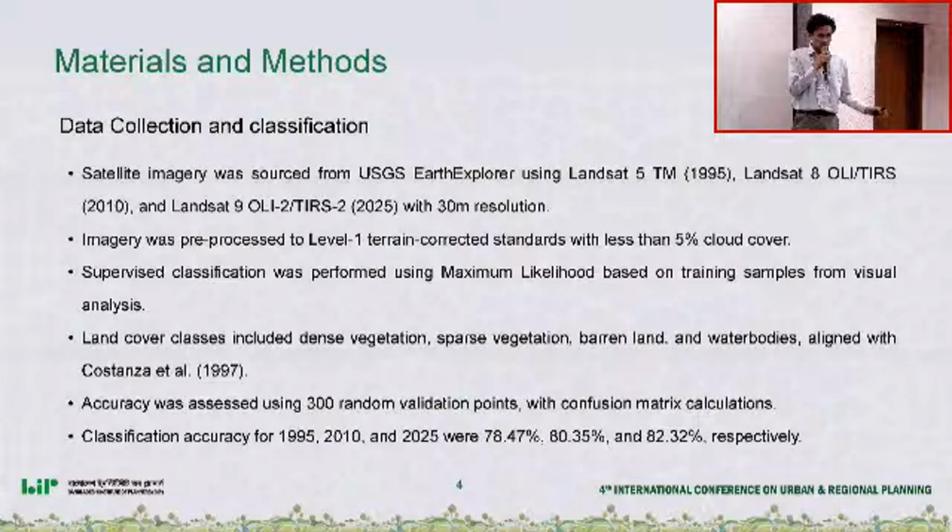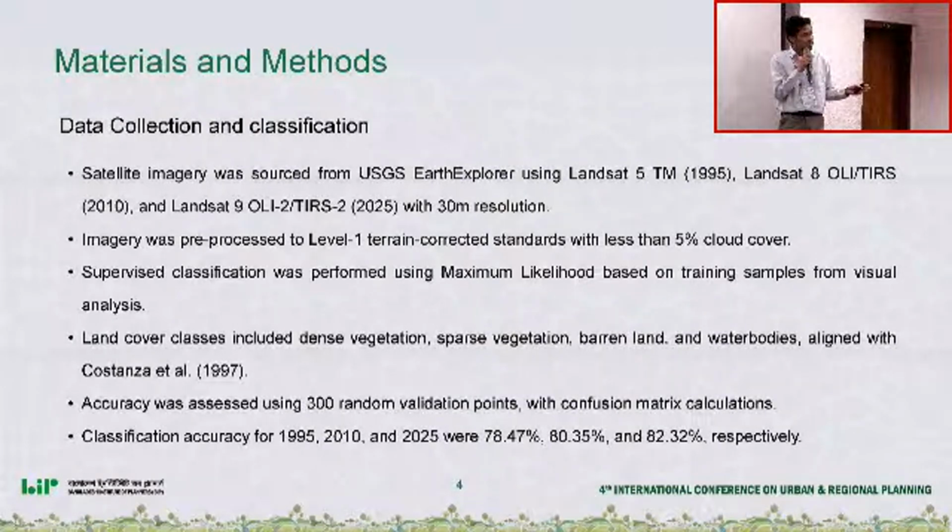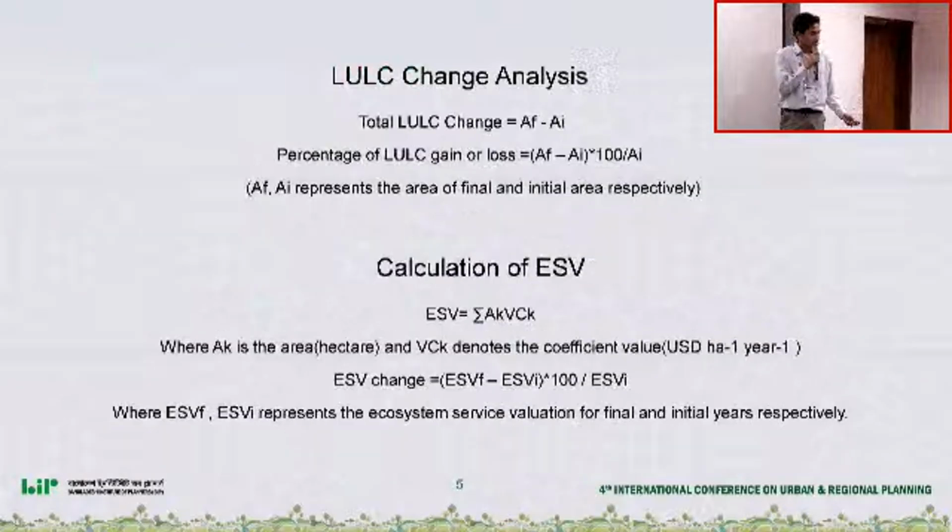We divided our land use into 4 major classes, including dense vegetation, sparse vegetation, barren land, and water bodies. We use 300 random validation point for accuracy assessment. The overall accuracy for 1995, 2010, and 2025 was 78%, 80%, and 82% respectively.